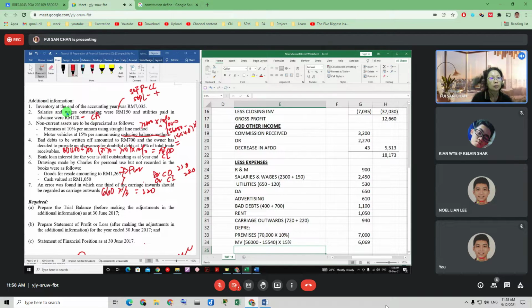Salary, this one. One more. Interest on loan. Okay, interest on loan is what? 6%, and we actually borrowed 16,000 times 6%.